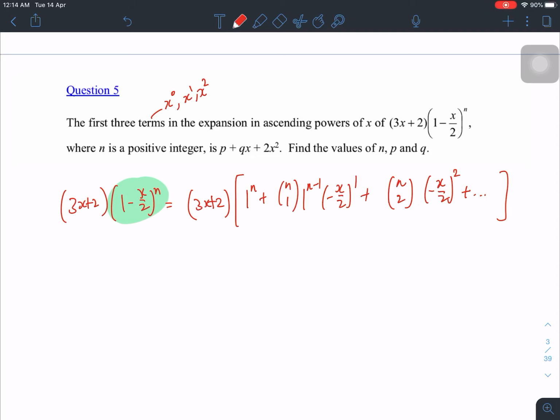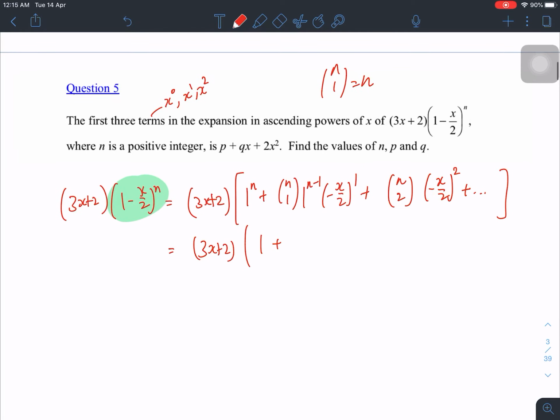So next we have to just simply do our expansion, right? Let me just tidy this up first. 1 to the power n is 1, n choose 1 is n, if you recall, n times this over here, this would simply be minus nx over 2.